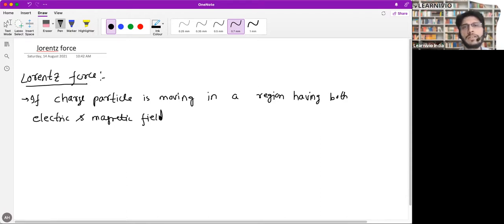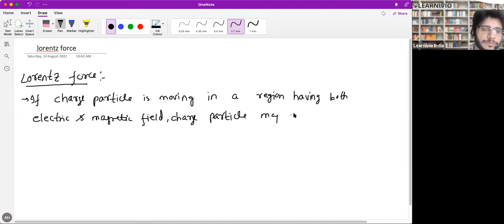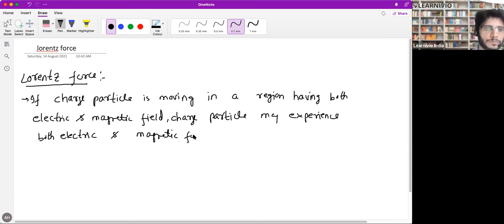So you have a charged particle moving in a region that has both electric as well as magnetic field. The charged particle will experience both electric force as well as magnetic force.